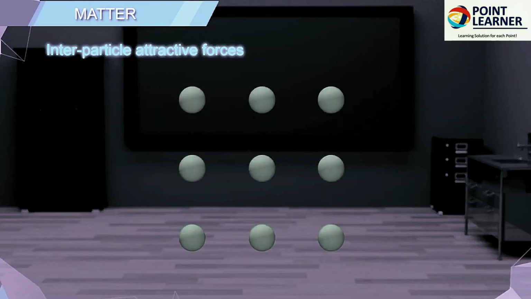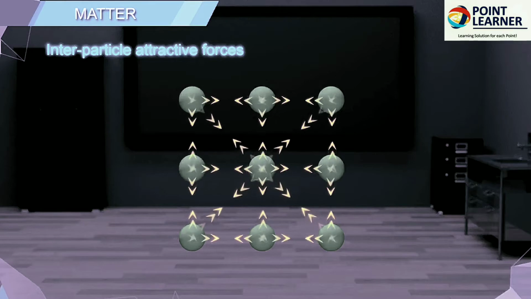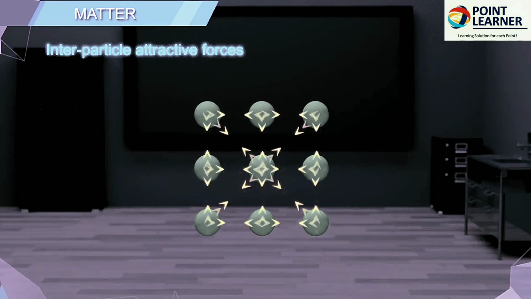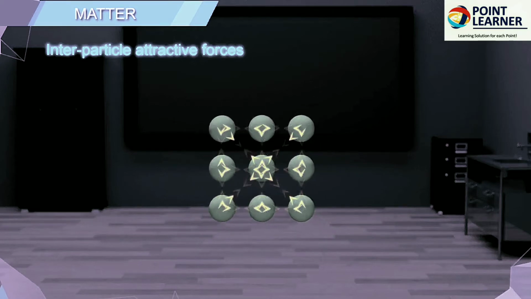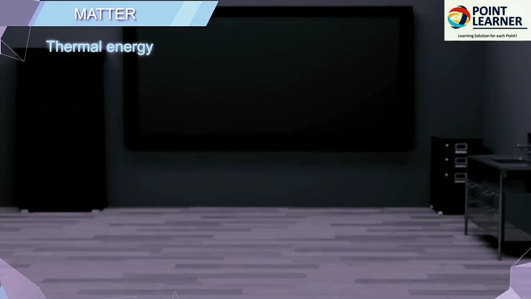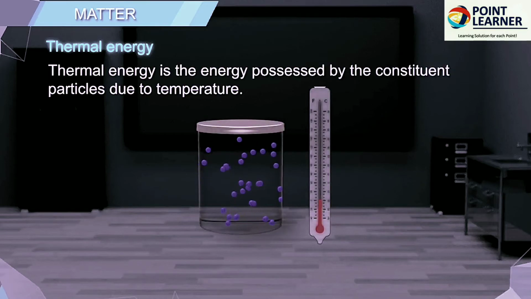Now let us look into interparticle attractive forces. Interparticle attractive forces are the forces that always tend to keep the constituent particles such as atoms, ions, and molecules closer to each other. Now let us understand what thermal energy is.